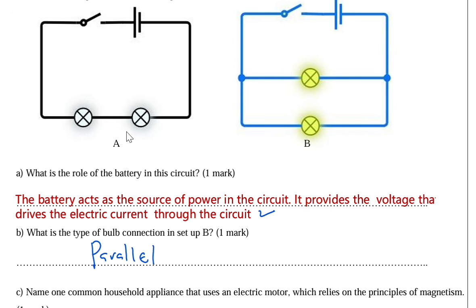A is called series connection. When a positive terminal of a bulb is connected to another positive terminal of a bulb, or a negative terminal is connected to another negative terminal, then that connection is said to be parallel connection. But when a positive terminal is connected to a negative terminal, then it is said to be in series connection. So part A is series, part B is parallel connection.